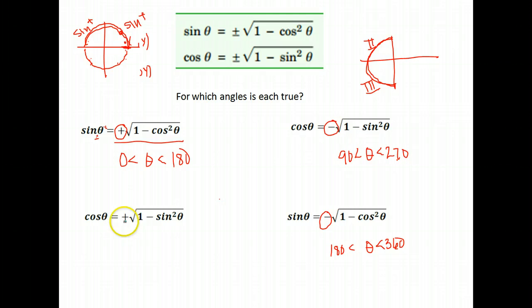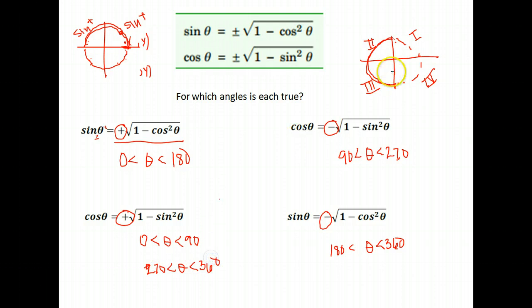So that would mean that cosine being the positive square root of 1 minus sine squared would happen on this side of the unit circle, where our x values are positive. So that's quadrants 1 and 4, from 0 to 90 and from 270 to 360.